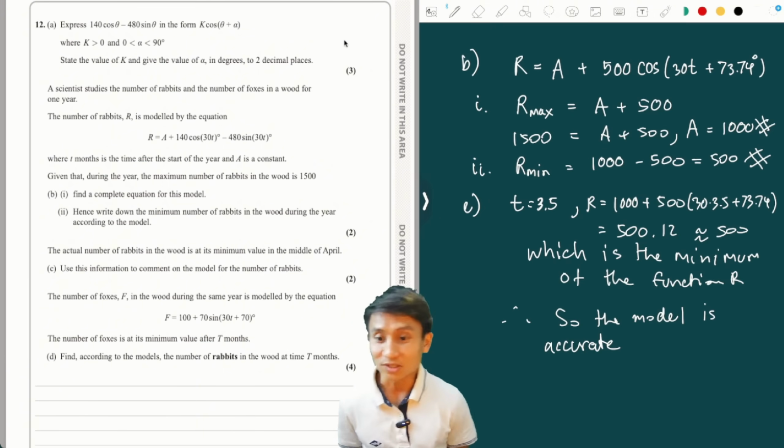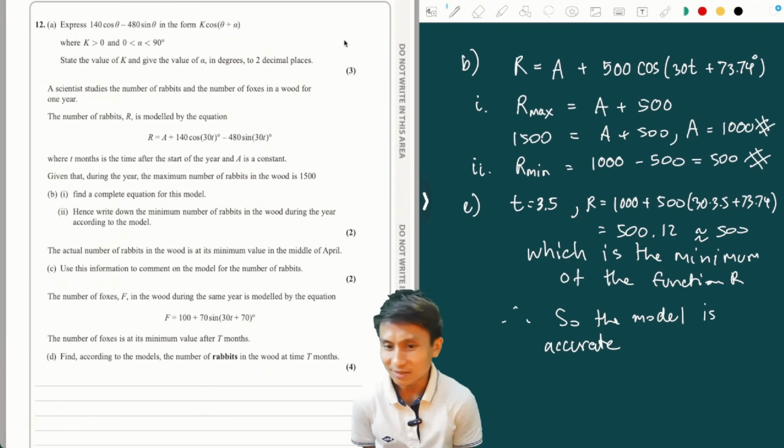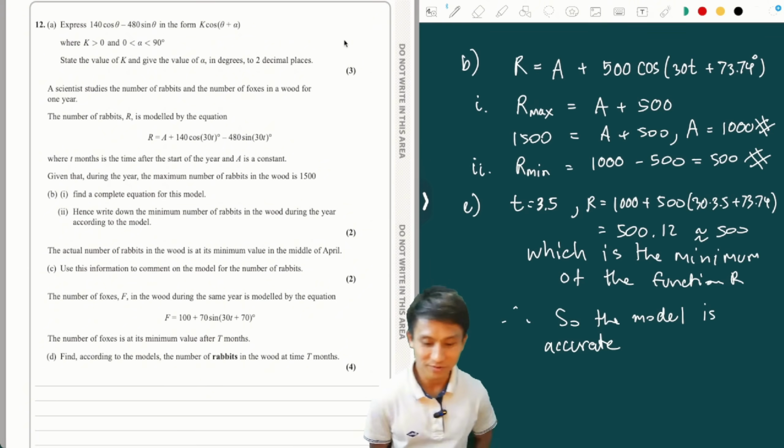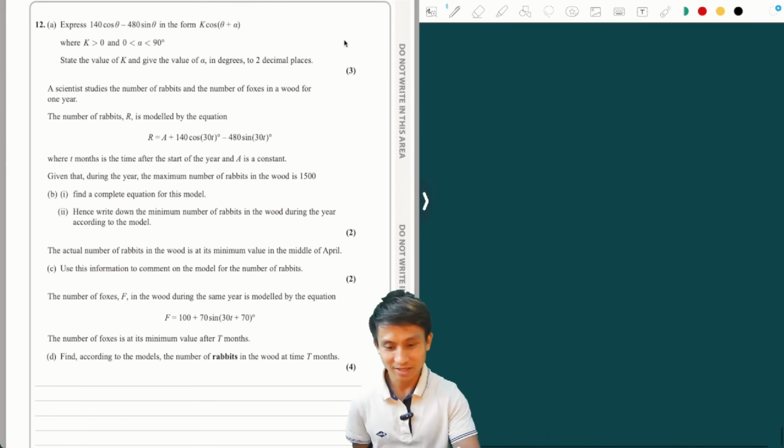Now the number of foxes, who probably eat rabbits in the wood during the same years, modeled by that equation. The number of foxes is at its maximum value after t months. Find according to the model the number of rabbits in the wood at time t months.